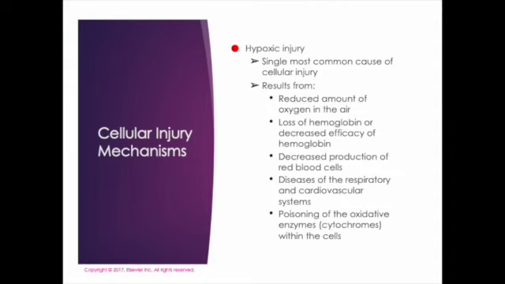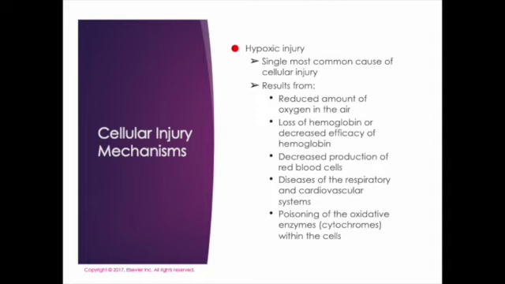Hypoxic injury can also be from decreased production of red blood cells. Our red blood cells carry our oxygen to the cells, and there are conditions that could decrease this production, like certain anemias. They can lead to hypoxic injuries if not corrected. Respiratory and cardiovascular disease can also cause hypoxic injury.